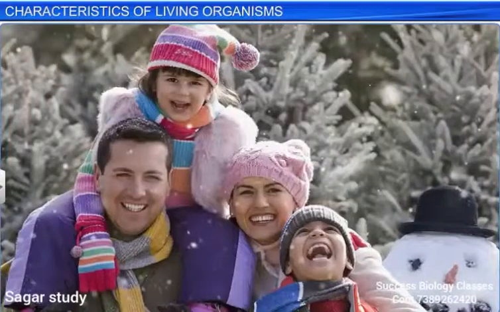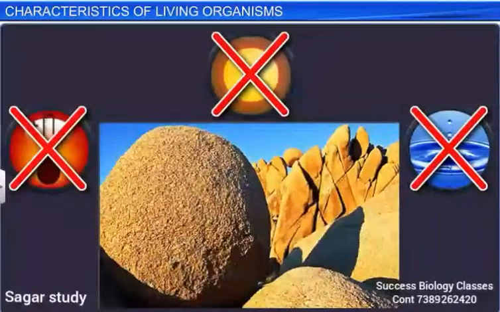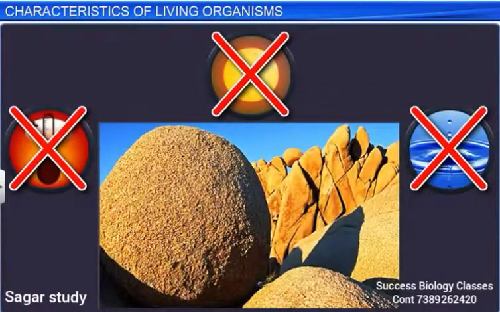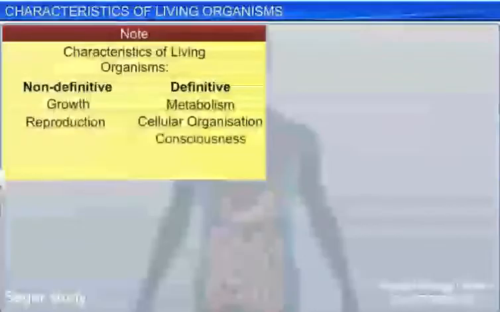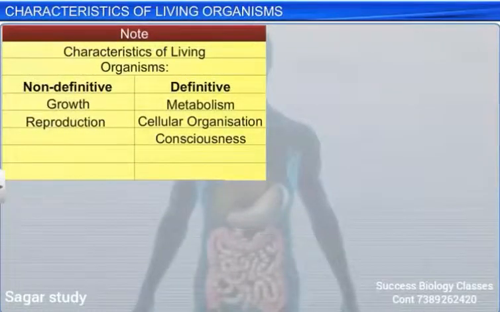Humans too respond to environmental stimuli and are aware of their surroundings and themselves. For instance, in winters, they wear woolens to keep their bodies warm. Non-living objects don't respond to external stimuli. Consciousness is therefore another definitive characteristic of a living being.